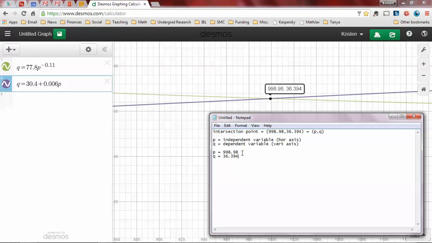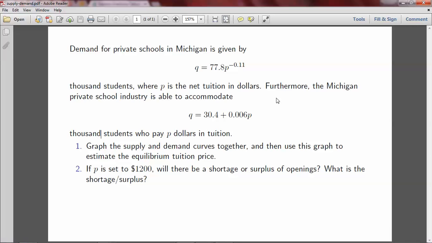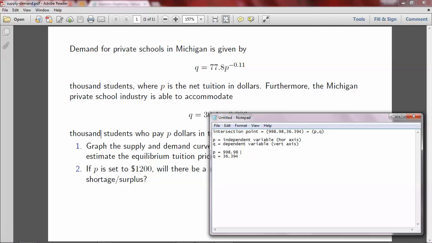So to see what these things mean in particular, to look at their units, let's go back to our example. So we know that in each case, Q has a unit of thousands of students, right? And P has a unit of dollars. So I can say that's equal to $998.98, so almost $1,000, just shy of that.